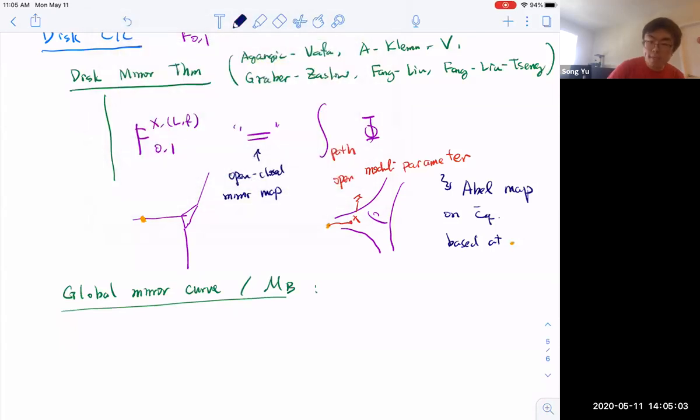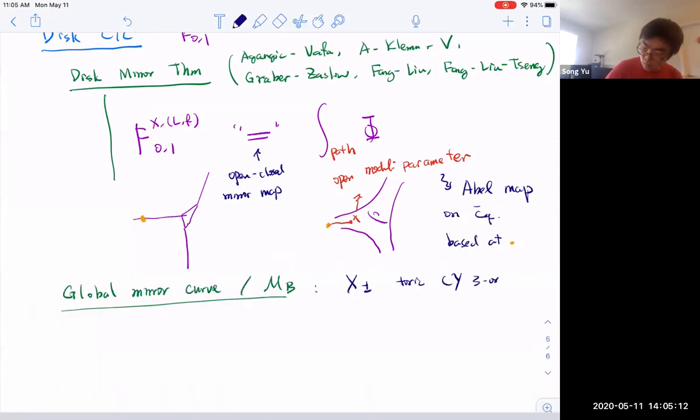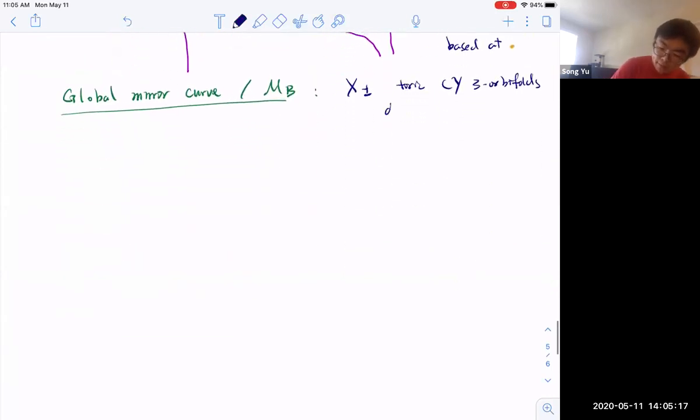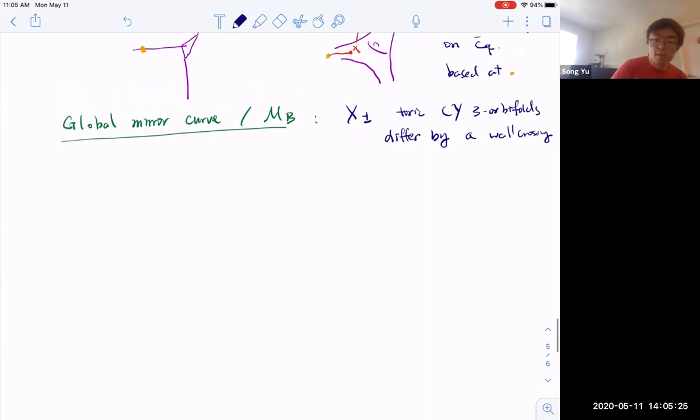Yeah, so here our setup is we now have a pair of toric Calabi-Yau 3-orbifolds which differ by a single wall crossing, and we have corresponding boundary conditions, so corresponding framed Aganagic-Vafa branes.